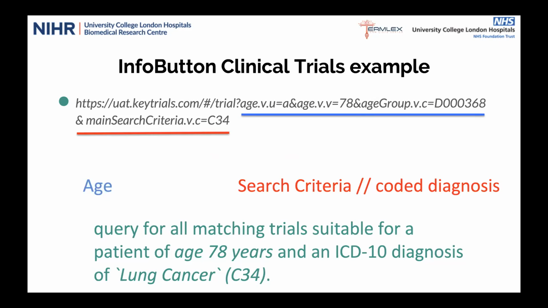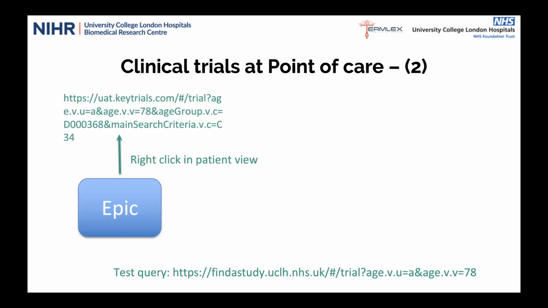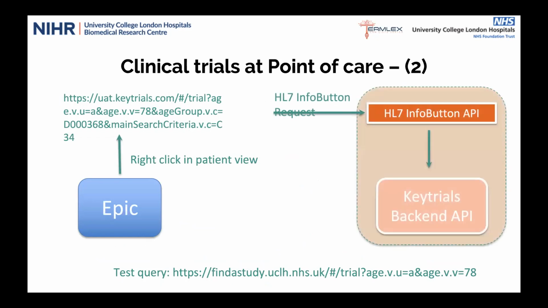Behind the scenes, when somebody in Epic clicks the button that Wai Keong was showing you, that's what gets generated as a standard query and sent off to the Infobutton API, which is a functionality in the Keytrials platform. Essentially it says, cool, here are all your matching results, which automatically get opened by Epic in a new tab because Wai Keong spent 20 minutes to configure it, and that's all it took.